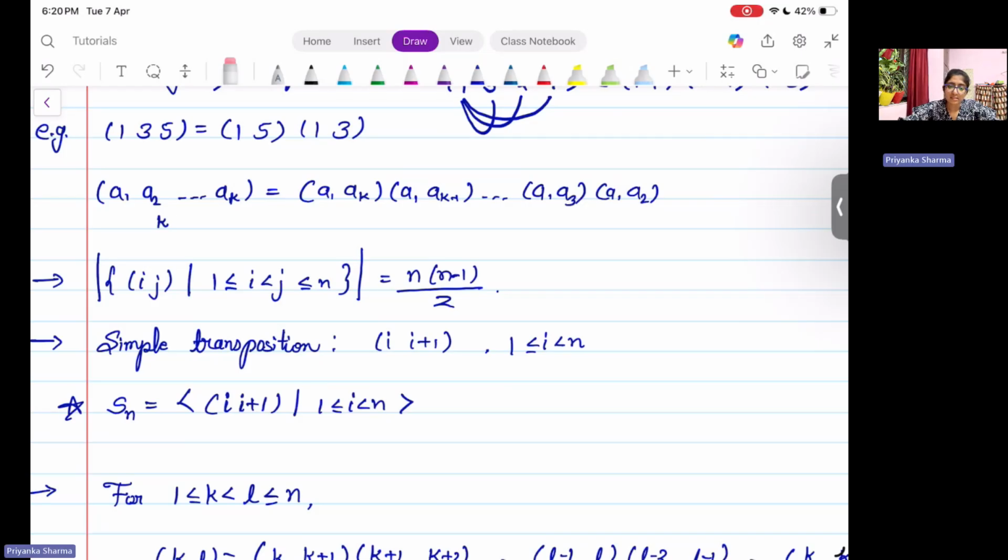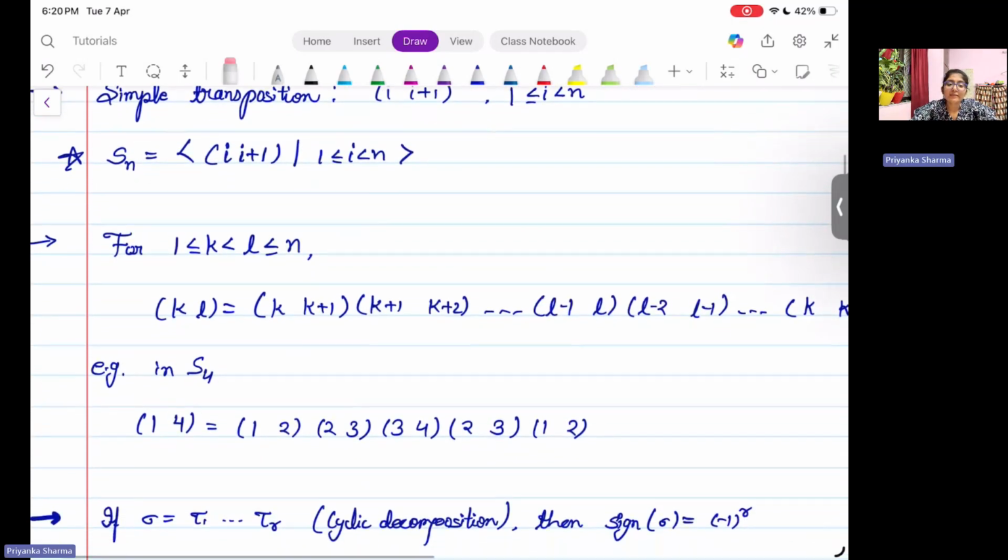Now, what is a simple transposition? A simple transposition is a transposition where the second element in the transposition is exactly one greater than the first. So these are transpositions of the form i, i plus 1, where i is greater than or equal to 1 and less than n, otherwise we cannot have n plus 1 there.